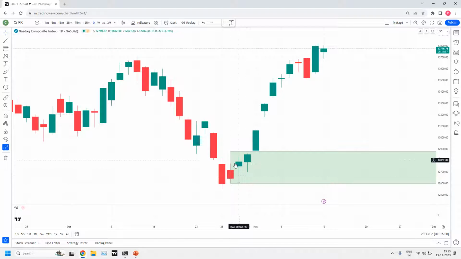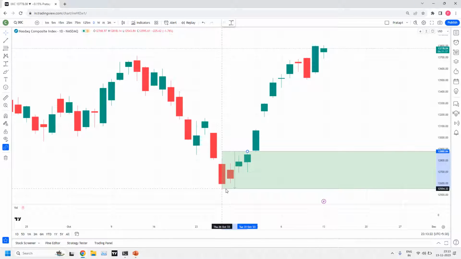So the zone we have drawn, is it right or wrong? It is wrong, because among these three types, the leg-in has the lowest. Leg-in should be considered in drop base rally. So the low of the zone, that is your distal line, should be here.